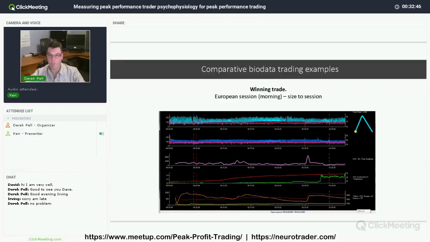I think that for me personally, my own biology is a better indicator of whether or not I'm going to be successful today than what a correlated or non-correlated market could be, or what a news feed item is going to come out, or what some other trader is going to write about some trade that he's going to make now.